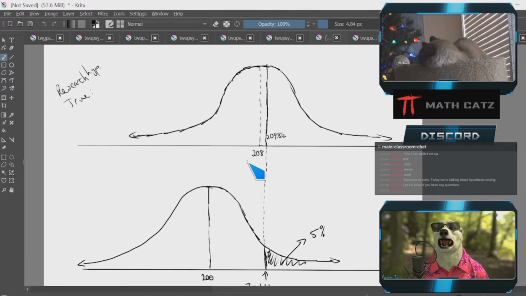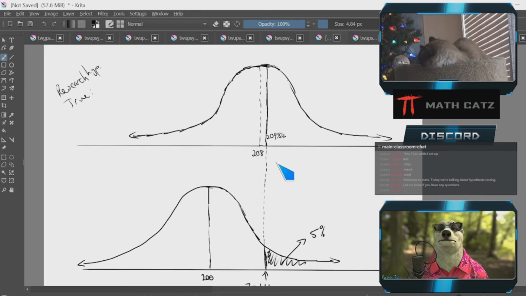I got a sample mean from that of 208. It's not my official study. I just did a quick little investigation, and that is still the best guess for the true population mean. If I now do my proper study with a large sample, as big and as accurate as I can make it, I'm going to reject the null hypothesis if I get anything past 209.84.